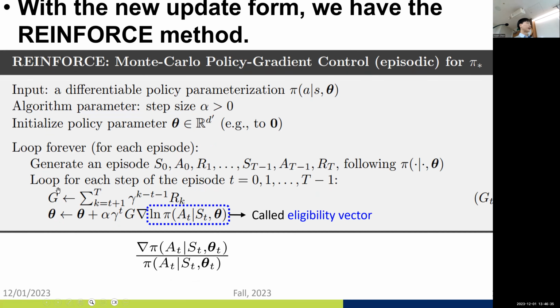Now we update. We first calculate the return G_t. When we derived the policy gradient method, we mentioned that there's no discount. Here, for generality, we just put gamma for the discount rate. Actually, there's a further discussion about this gamma in this algorithm.